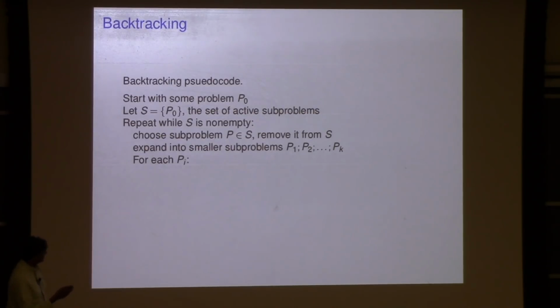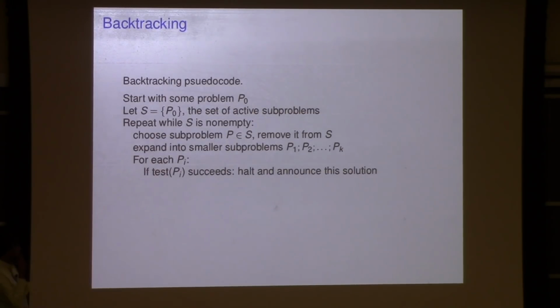And then for each one of the Pi's, you see if you're done, if you already have a solution, which in the SAT formula would be an empty formula. Or it would be an X and an X bar. If you have an X and an X bar, then that would also tell you it's false. If the test on Pi fails, you discard the problem.